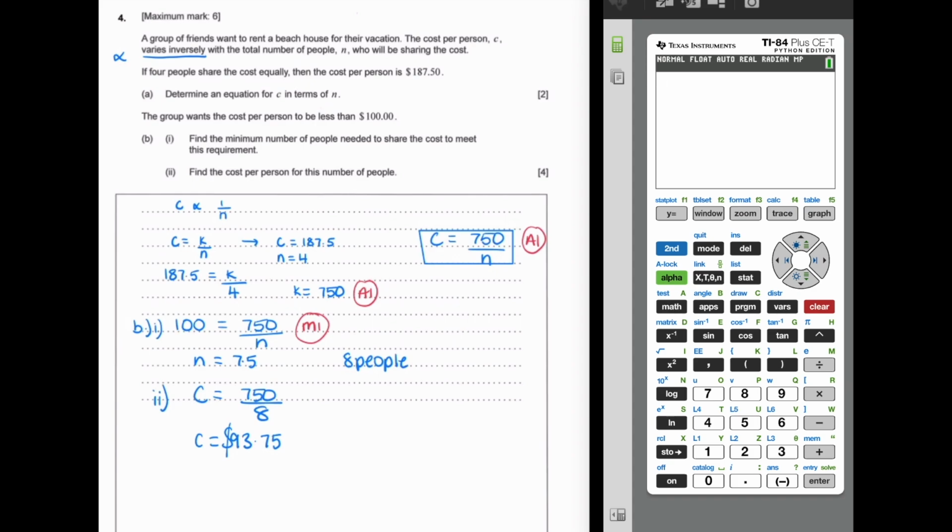And then there is 1 mark for the correct rounded answer, which is 8 people. And then the last part is also 2 marks. Again, 1 is for the method that's seen and 1 is for the answer, and that answer needs to be to 2 decimal places since it's money.